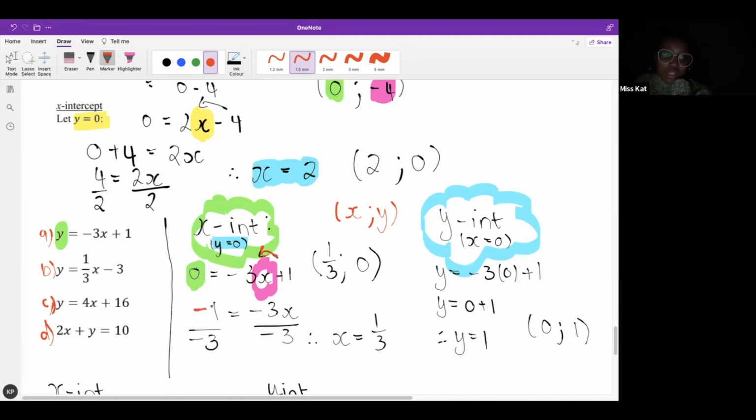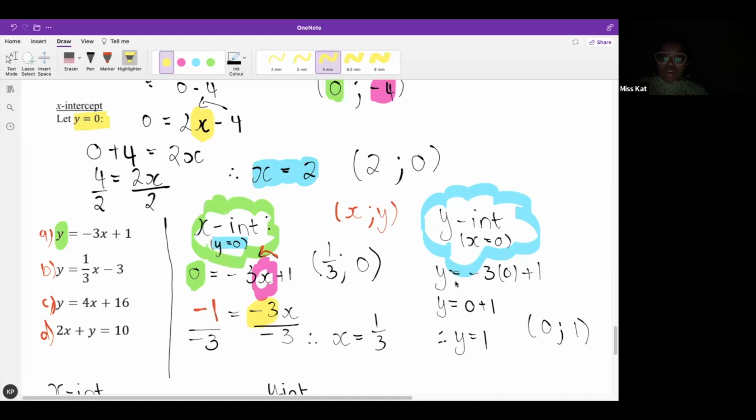But now we're not done because we still have a -3 in front of the x. So to get rid of the -3, I divide by -3, but what you do on one side, you do on the other side. So then you have -1 divided by -3.